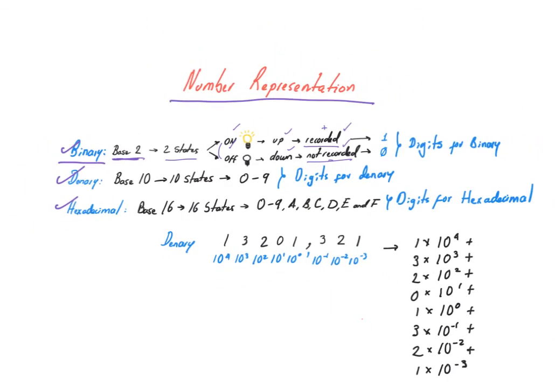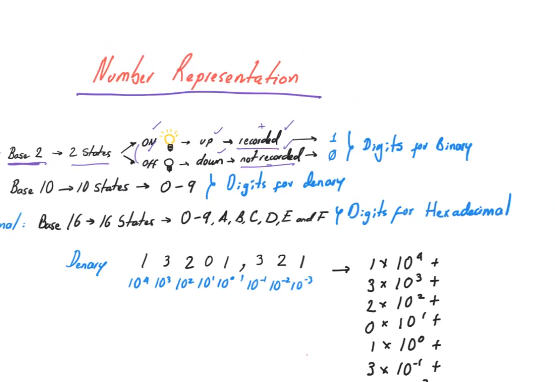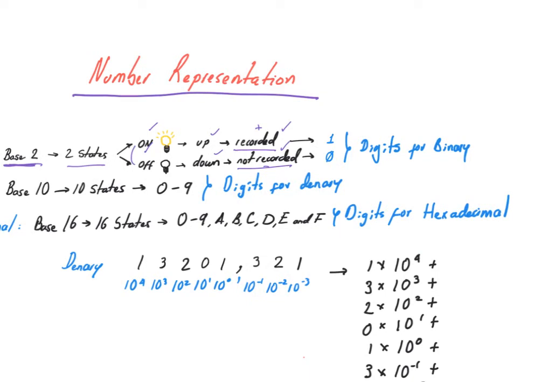So in the binary system, we need to represent two different states. When we're talking about the digits to represent those states, we have conveniently used 1 and 0, right? From our denary system that we use every day. So these are the two digits that we use to represent quantities in the binary system.